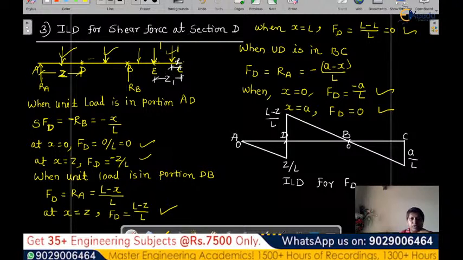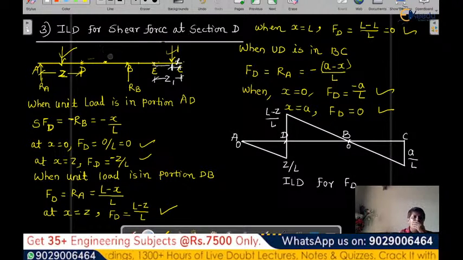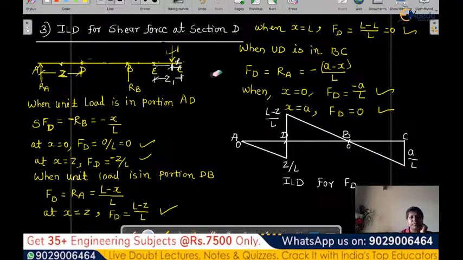So taking moment about E, 1 into Z1 minus X, because we need this perpendicular distance. So when the load is in the EC portion, the moment about E is 1 into Z1 minus X.